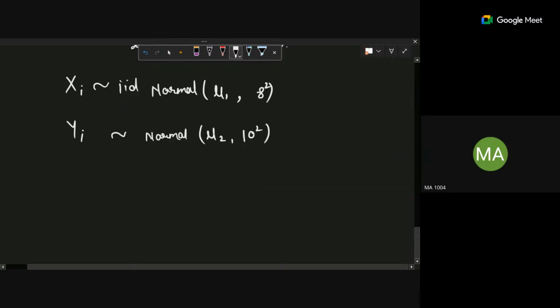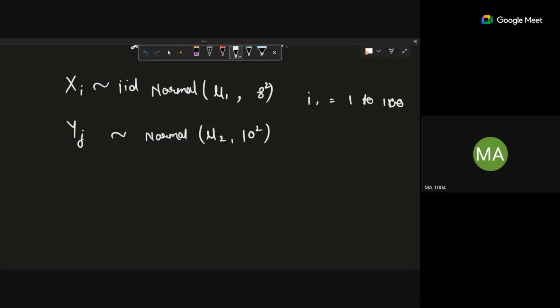Now, they have taken 100 samples, so I, and what if I say j here, so the range for i will be 1 to 100 there, and similarly for j.